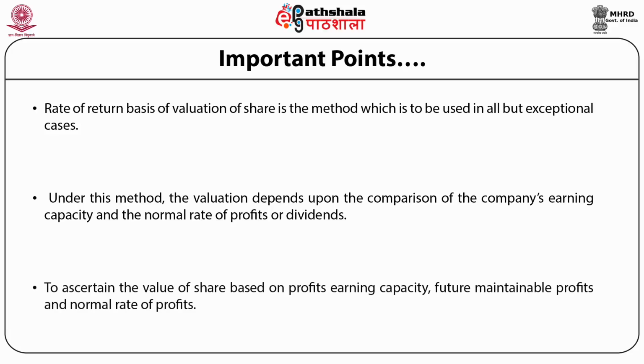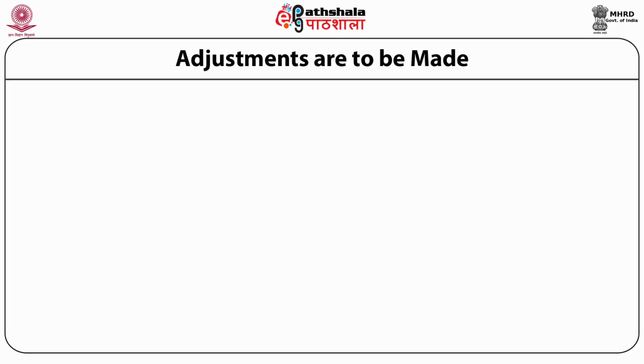To ascertain the value of share based on profit earning capacity, future maintainable profits and normal rate of profits or dividends at which the profits are to be capitalized must be fixed. In arriving at the profit to show the normal earning capacity, generally the following adjustments are made.